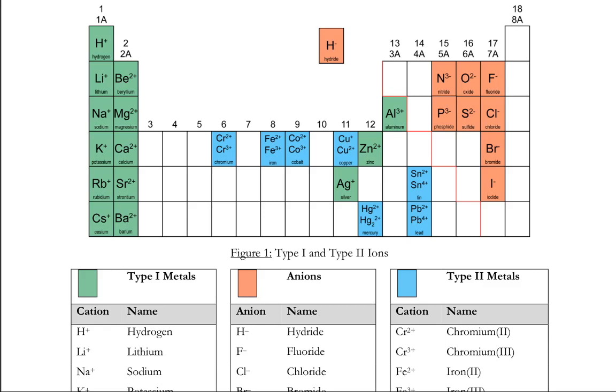Copper 1 plus common, copper 2 plus common, Fe2 plus, Fe3 plus. Some of the transition metals, like manganese, not shown on this periodic table, can have charges that go from 2 plus all the way to 7 plus. So we have to indicate the charge.